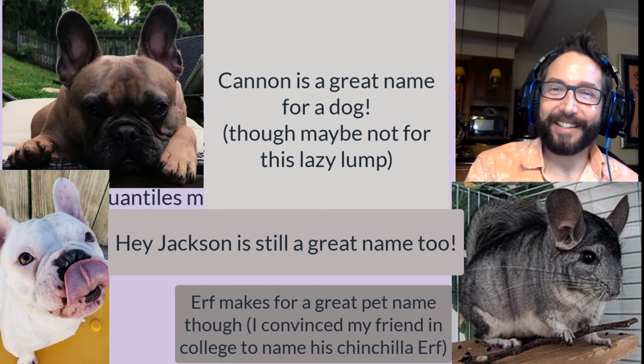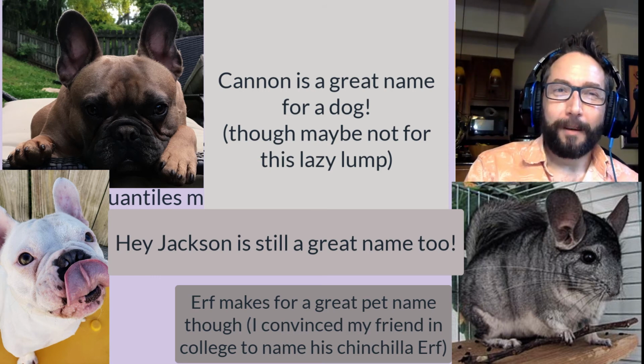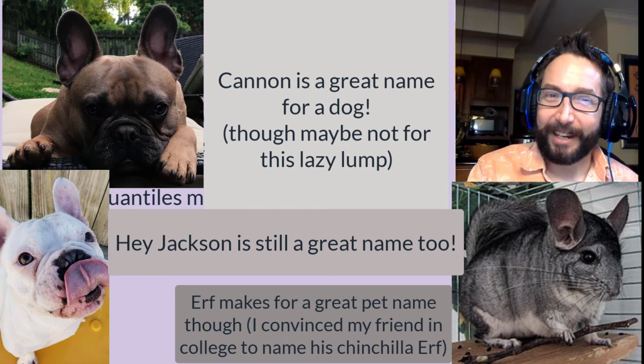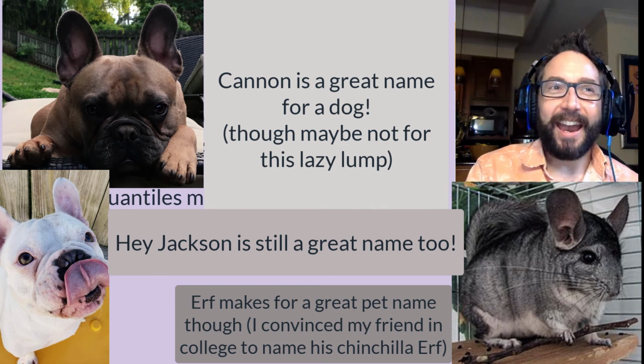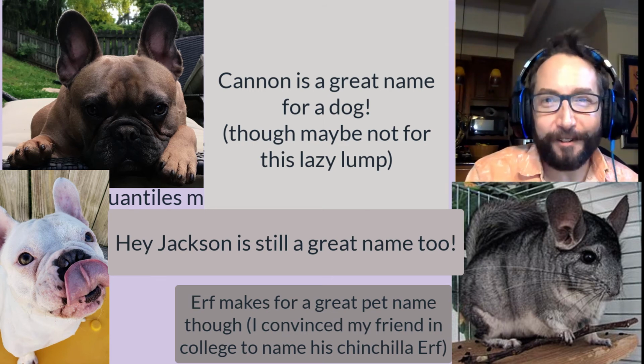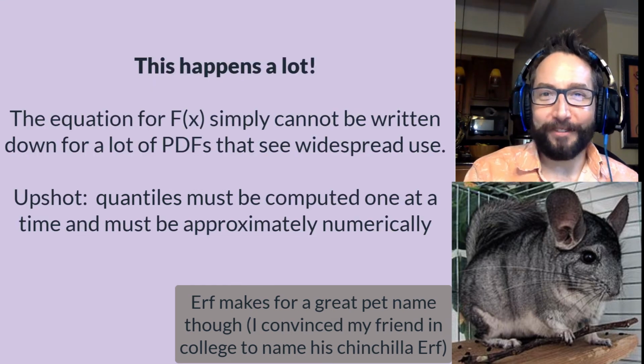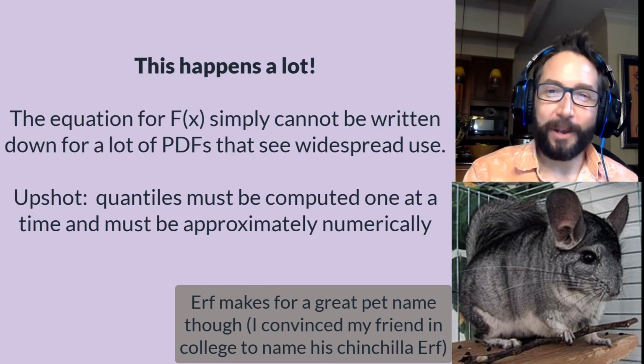He's not really that active. But yeah, so I was like, oh, well, you know what? I'm studying probability in one of my classes, and there's this function called the error function, and it's abbreviated ERF. So I proposed ERF for the name of his chinchilla. He went with it, and so ERF lived a long and happy life.